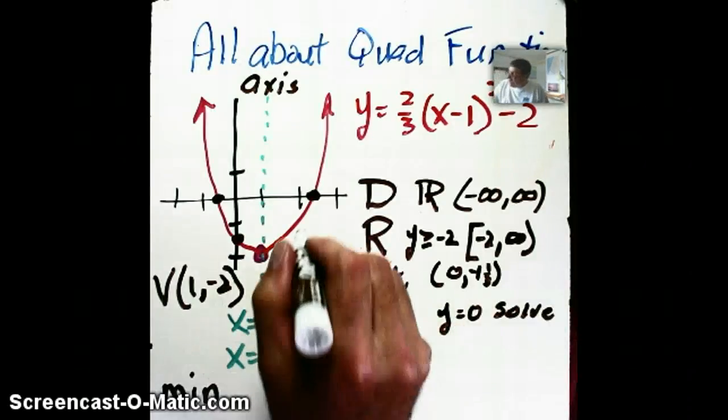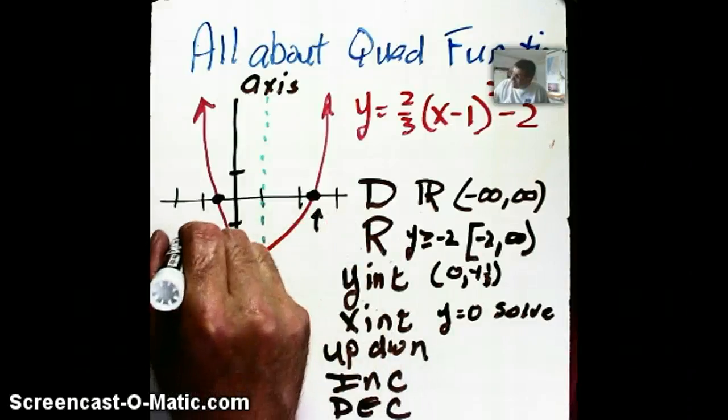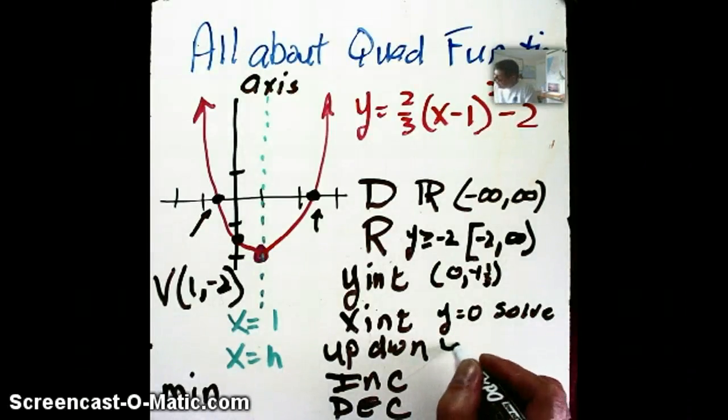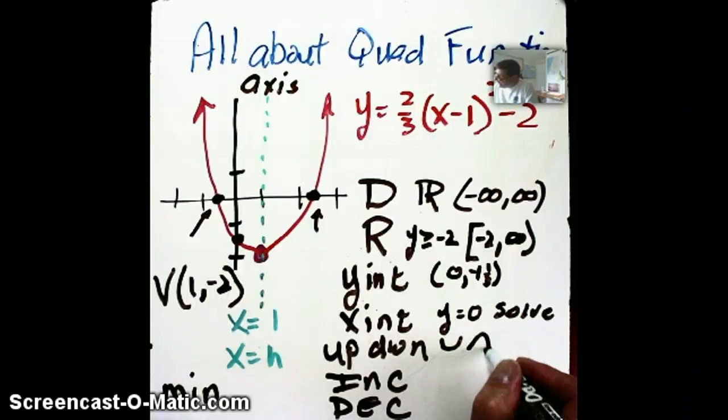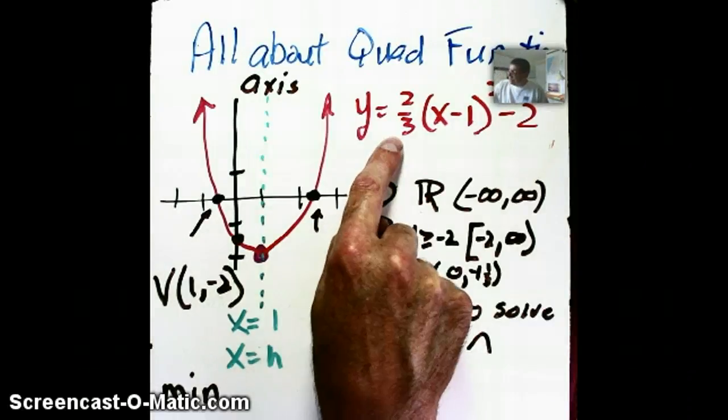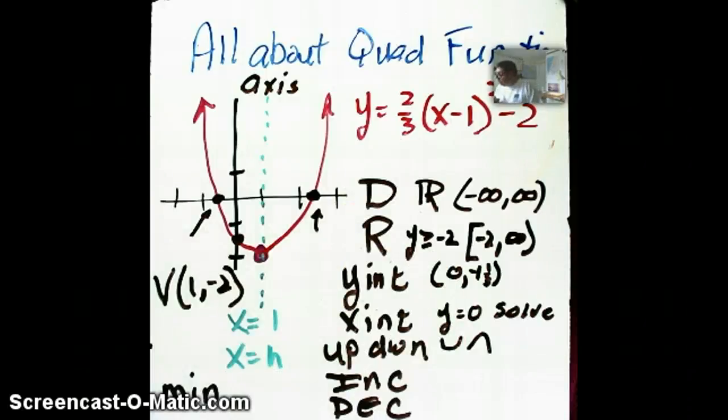These points right here are called the zeros because the x value causes the y value to be 0. That's important to keep in mind. Now, is it shaped up or is it shaped down? If we look over here in the front, we notice that's a plus 2/3, so it's going to be opened up, or a regular bowl, not a flip bowl.